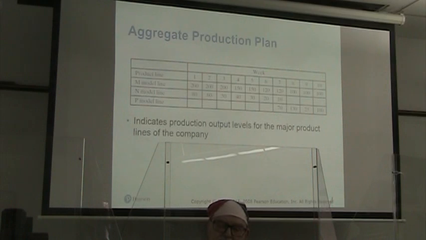So this just gives us the production output for our major product lines. It doesn't break it down to, all right, our M1A is going to produce so many, our M2B is going to produce so many, etc.